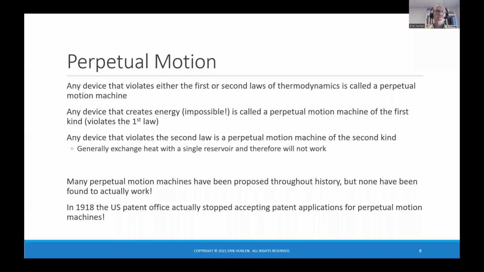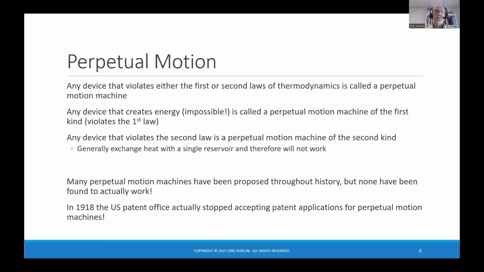You have probably heard of perpetual motion machines. This is any device that either keeps moving or moves faster without any net energy input. Unfortunately, these either violate the first or second law of thermodynamics, or sometimes even both. Creating energy is impossible by the first law. These are perpetual motion machines of the first kind and are ones that speed up.